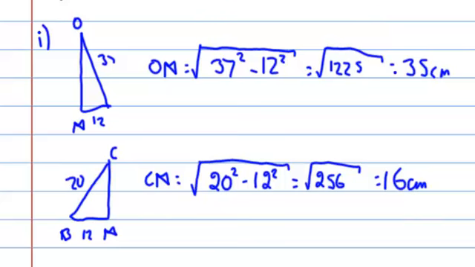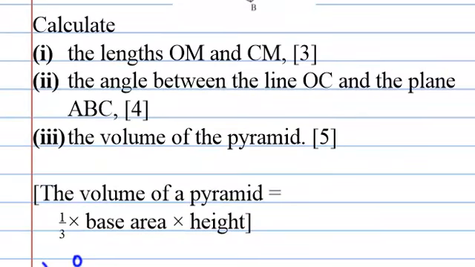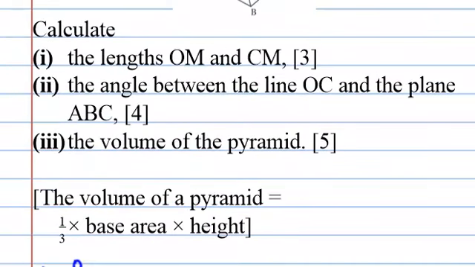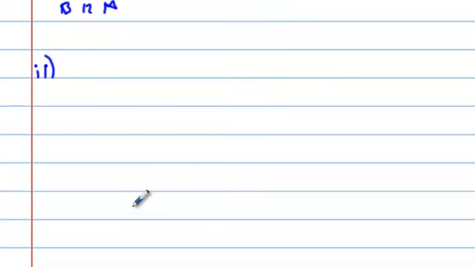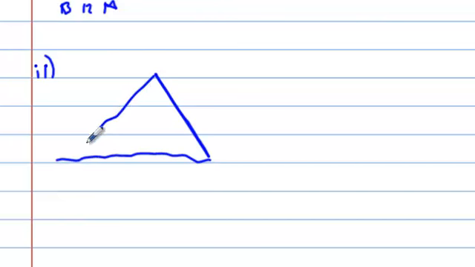That's our part done. So for part 2, we're asked the angle between the line OC and the plane, in which case the triangle I'm thinking of here is CMO. This is 40, this is 16, this is 35, and I want the angle here.